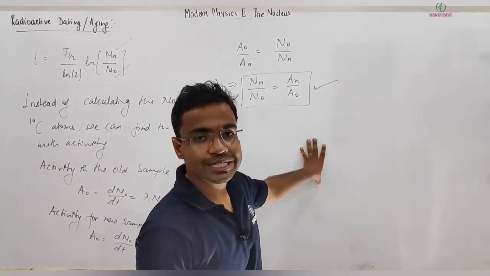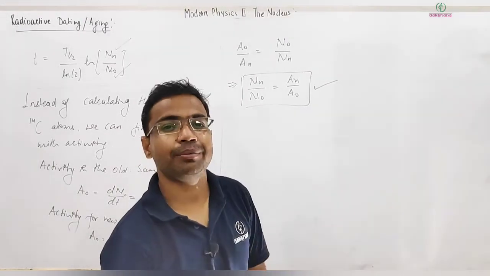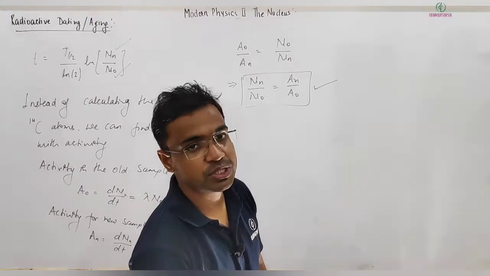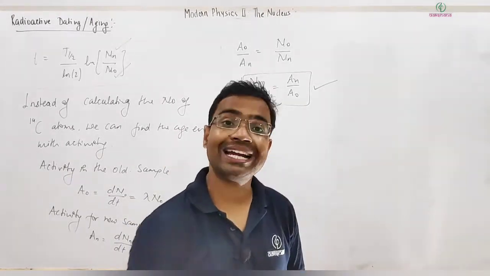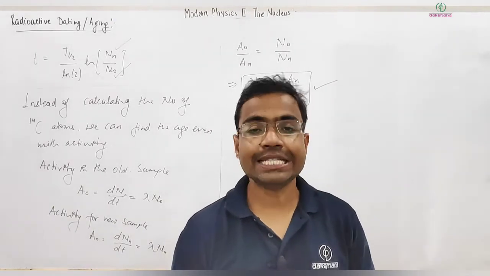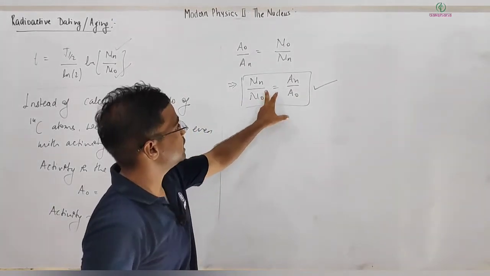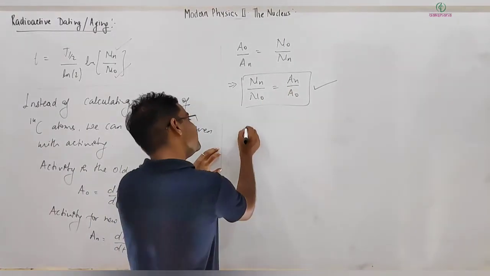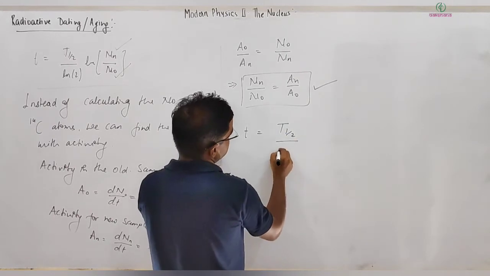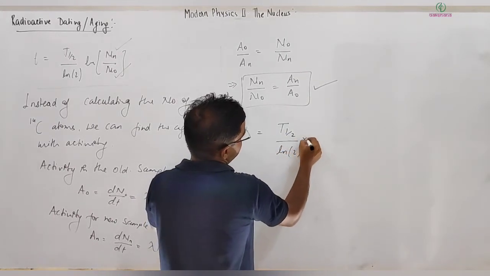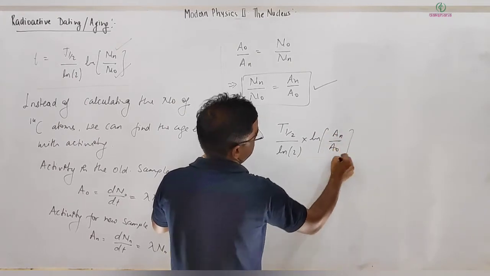The best thing about it is you don't have to calculate exactly the number of carbon-14 atoms. Instead, we can go directly with the activity of the sample, and it's easier to calculate the activity. So we can get the age in terms of activity, and this comes out to be ln 2 multiplied by ln of A new divided by A naught.